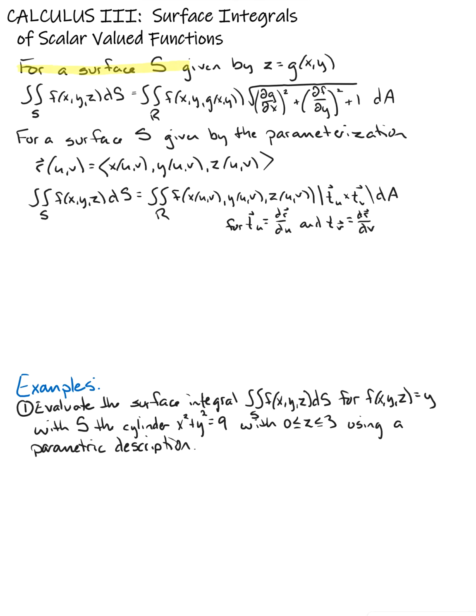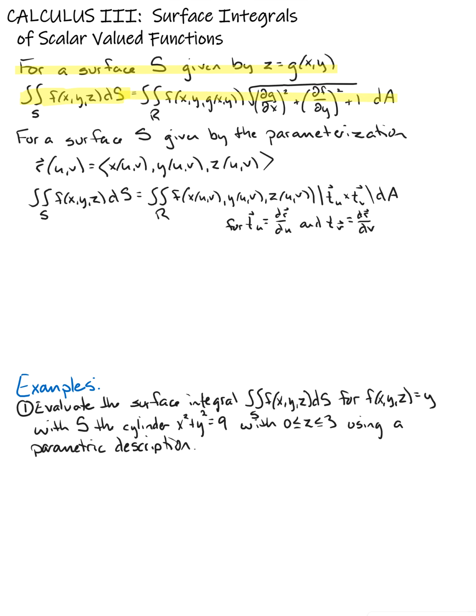For a surface S given by z equals g of x, y, so z is defined by g, we have that the surface integral of f of x, y, z with respect to s is the double integral of f of x, y, g of x, y times the square root of the partial of g with respect to x squared plus the partial of g with respect to y squared plus 1.